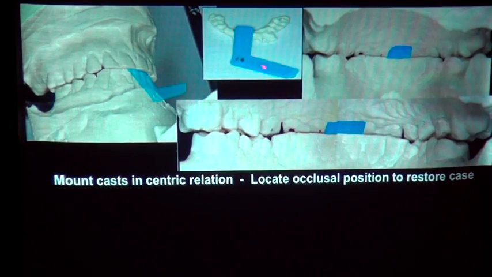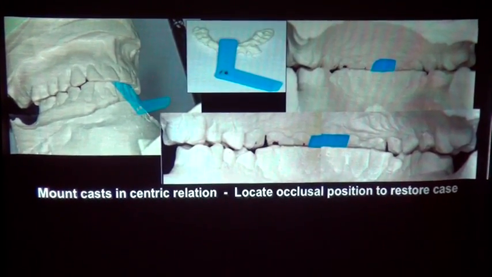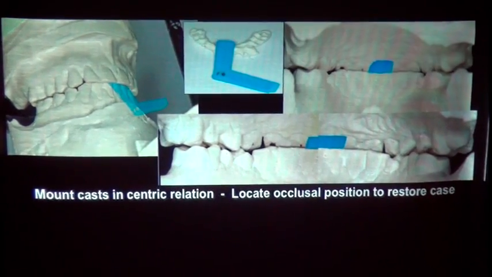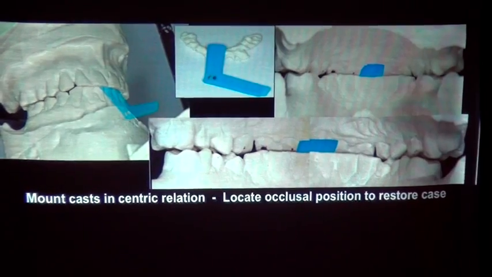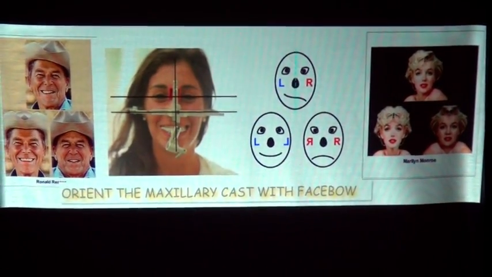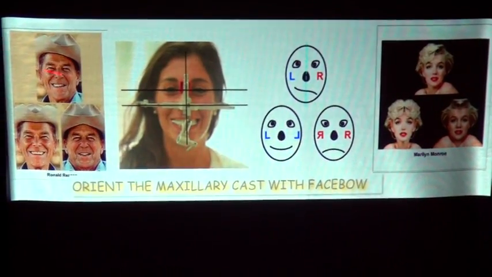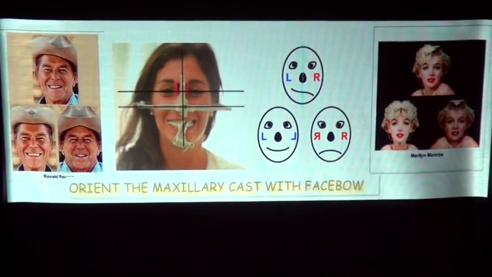So then you take the leaf gauge out, and then you look to see where the contacts are, and it took 10. So centric relation is in order; you want to have no posterior tooth contact. When you locate centric relation, the reason the Facebow is canted like this is because of the asymmetry of faces.